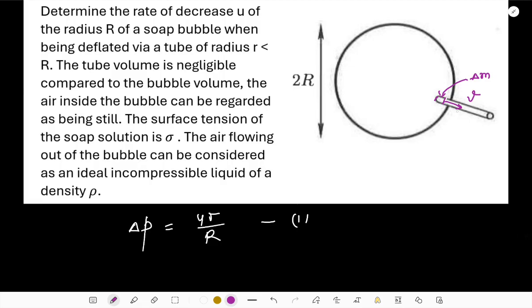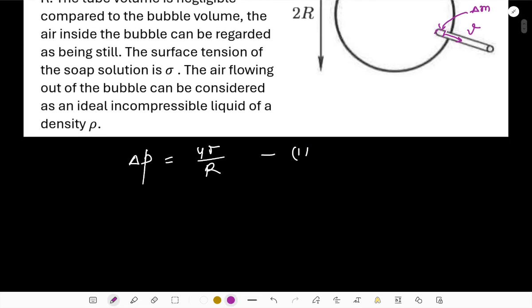So the flowing out air has a kinetic energy, and that will be equal to the work done by the soap bubble. And work done by the soap bubble can be simply written in the form of pressure and volume, as pressure times delta V, where delta V is the change of the bubble volume.